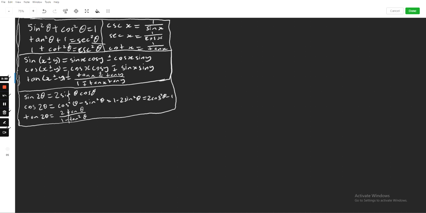So the next example is secant theta times sine theta over tangent theta plus cotangent theta is equal to sine squared theta.